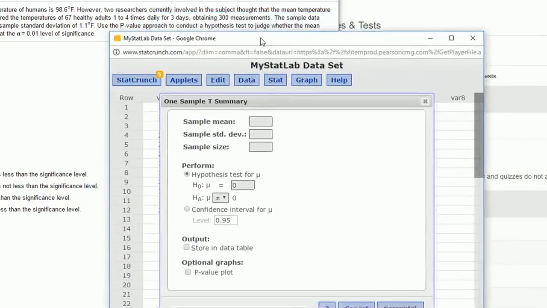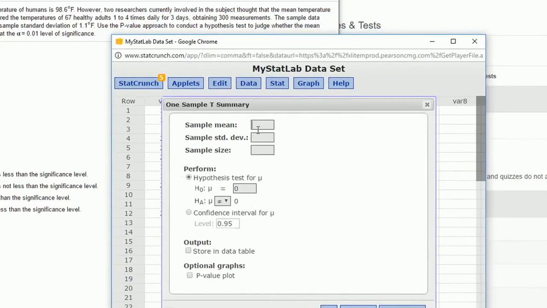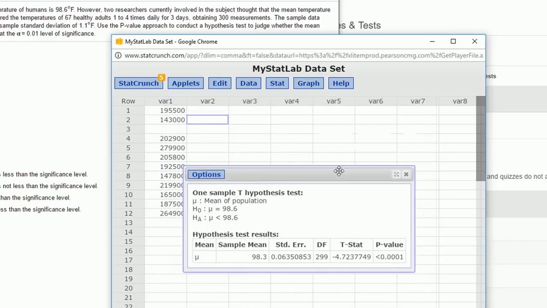Even though I have a large sample size, you can use a T stat always for sample mean. The sample mean they recorded was 98.3, sample standard deviation of 1.1, and sample size of 300. The null hypothesis is that the mean equals 98.6 versus less than 98.6. That's all I want. I'm going to compute and see what I get.